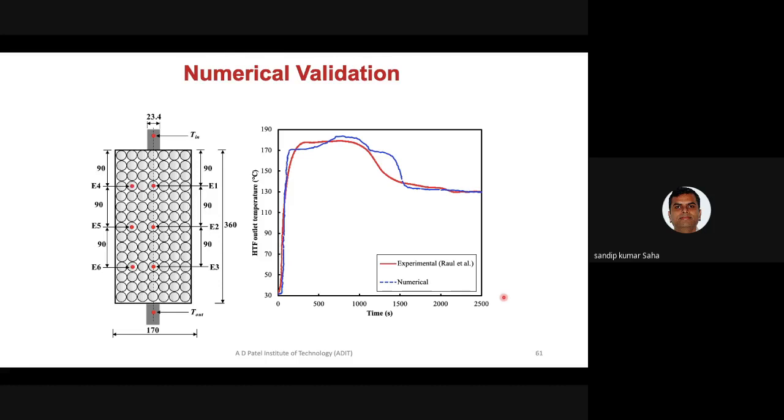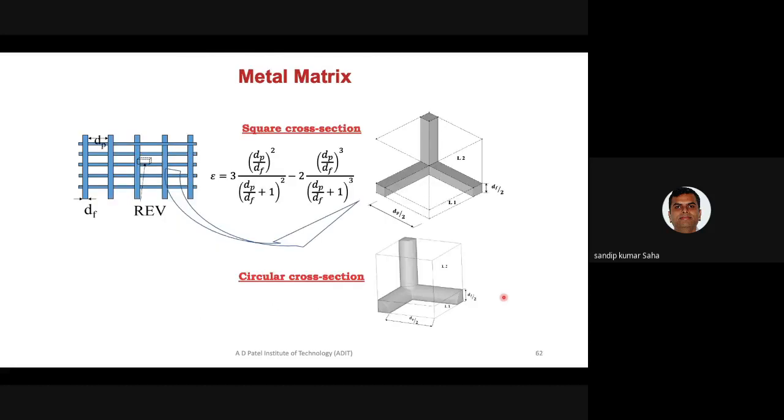So that's why, when I told you why deviations are coming from my model, now this model I can also employ for metal foam type of applications or metal matrix. Here we have employed a metal matrix, but metal foam will also be the same, only the difference will be in the permeability expression, as I told you.